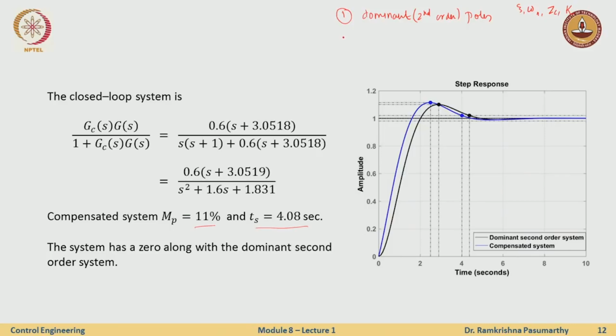Now in addition I add the compensator, so in reality this is not true. My dominant pole analysis is based on a transfer function with 2 zeta omega n s plus omega n squared. Now in addition I have a 0 here, so the plot will include the dominant second order poles for sure, plus the effect of the 0.